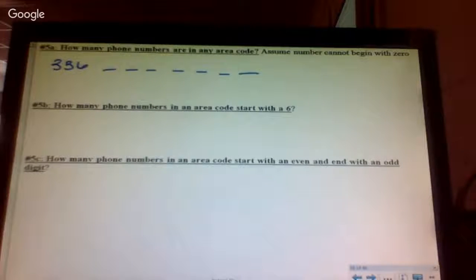So the only restriction is this cannot be 0. How many options do I have for this slot if it cannot be 0? 1 through 9. So I have 9 options. Everything else can contain a 0. So how many options do you have for everything else? 10.